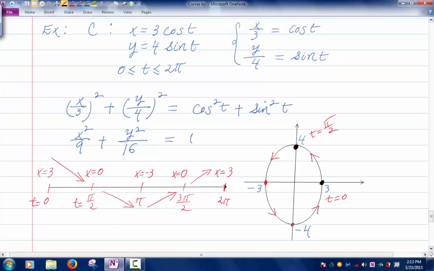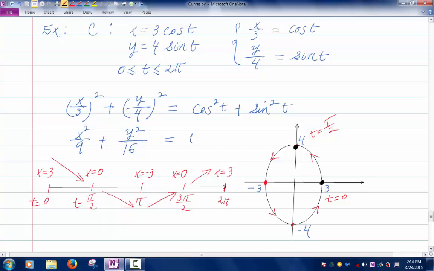So what is happening between 0 and pi over 2? The x value starts at 3 and decreases to 0, right? So if the x value is going from 3 to 0, that means you're moving what direction? You're moving counterclockwise, right? And you're going to that point (0, 4). Am I right?